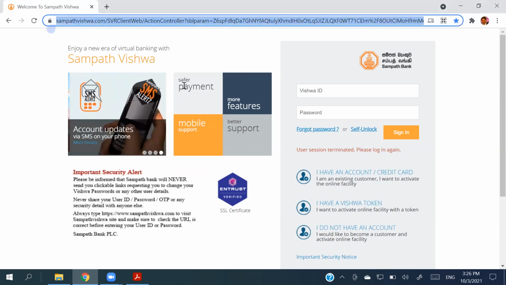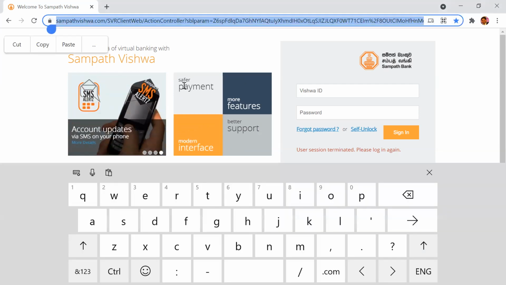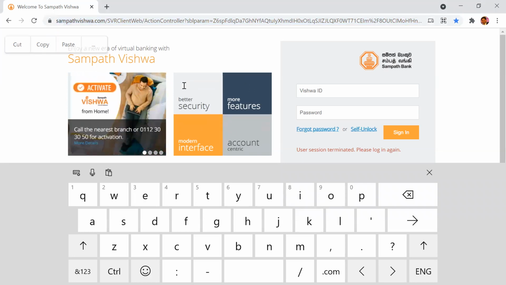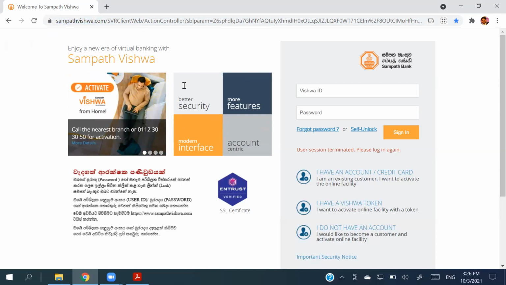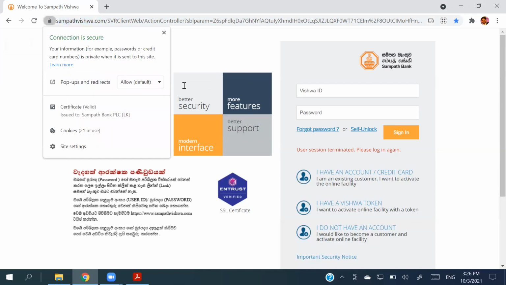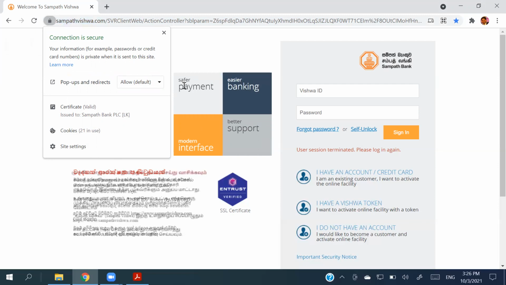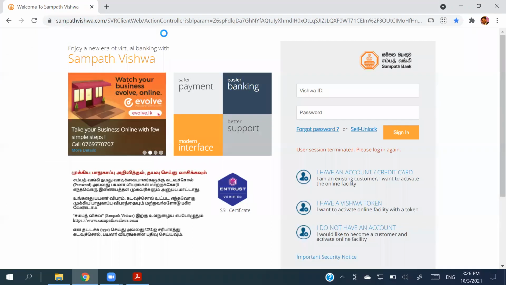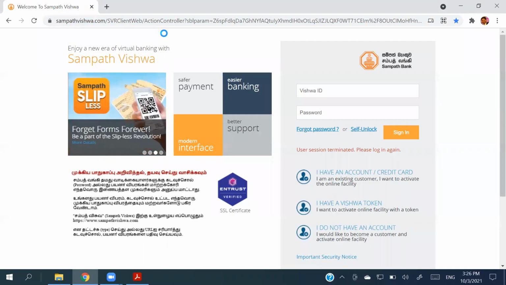So this is the original web page. You can see it is starting from sampathvishwa.com, SPR client something, right? And the connection is given the certification of HTTPS as well, the secured one. So they are always recommending that you go through the official app.